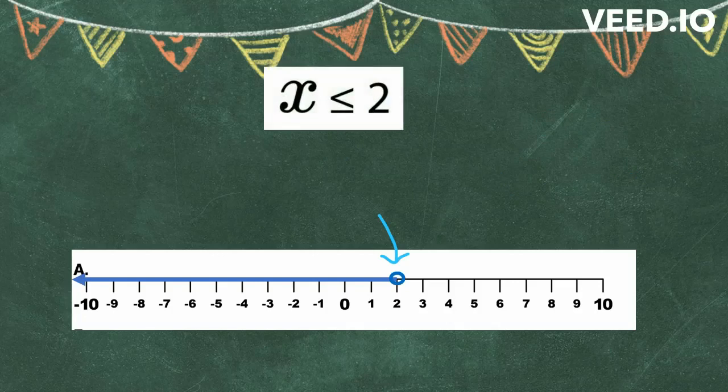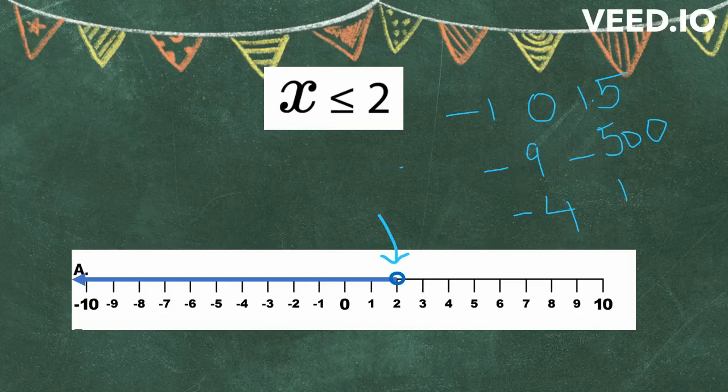Suppose we have x lesser than or equal to 2. X can be minus 1, 0, 1.5. X can be minus 9, minus 500. X can be minus 4.